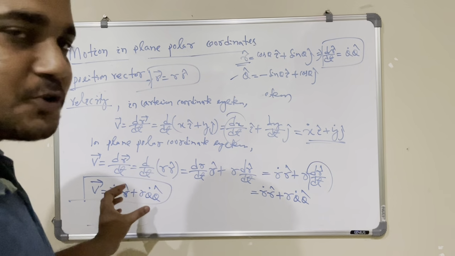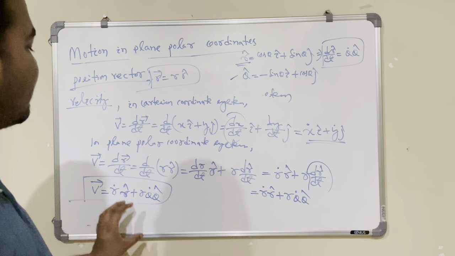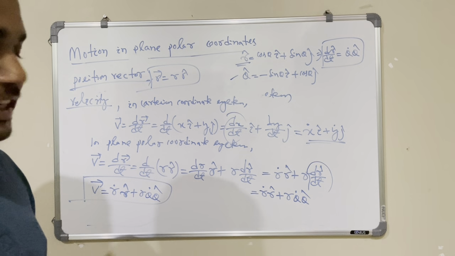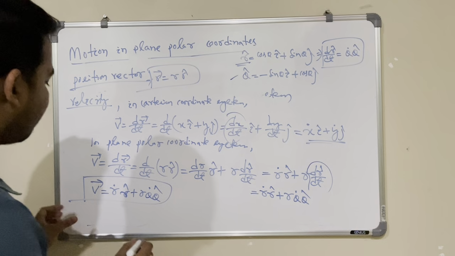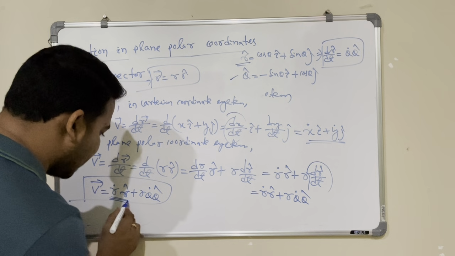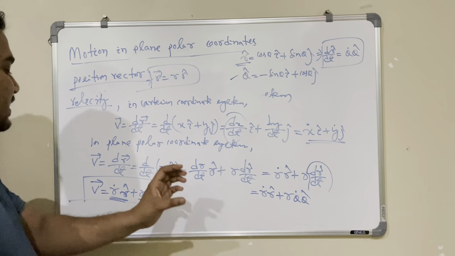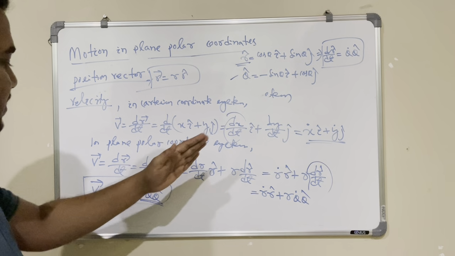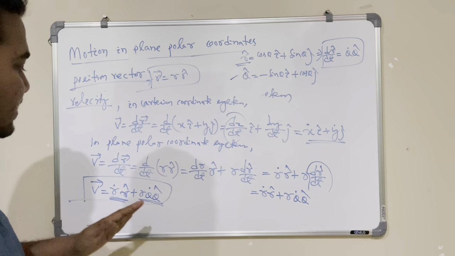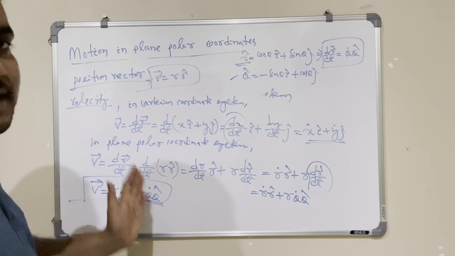The velocity has two parts: one is r dot r cap and the second part is r theta dot theta cap. The first part is called radial velocity and the second part is called tangential velocity, because r cap is the radial direction, that is along the radius, and theta cap is in the tangential direction.